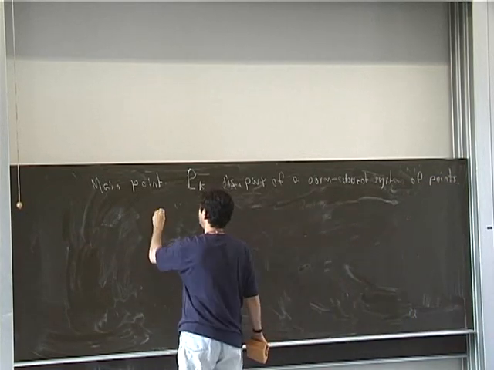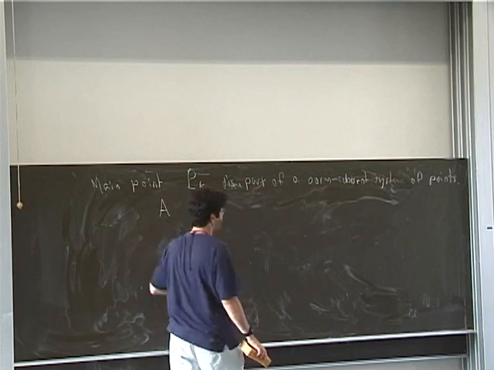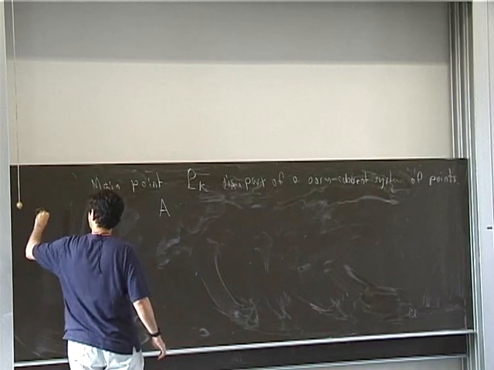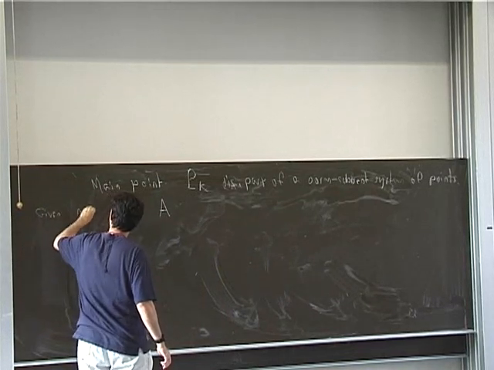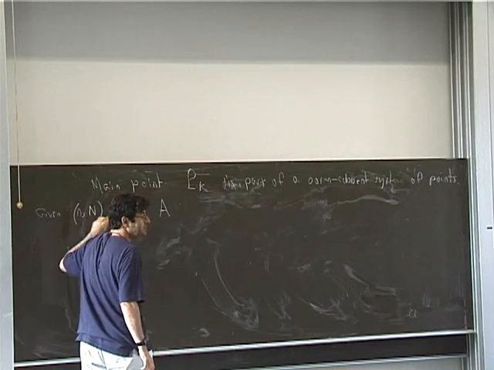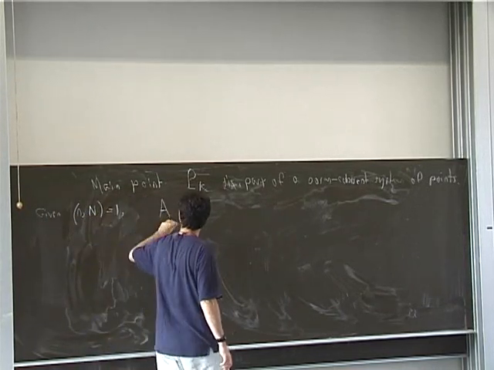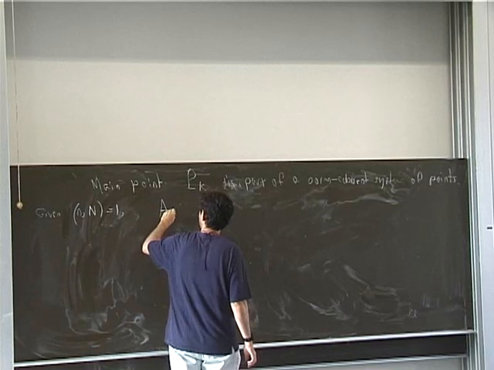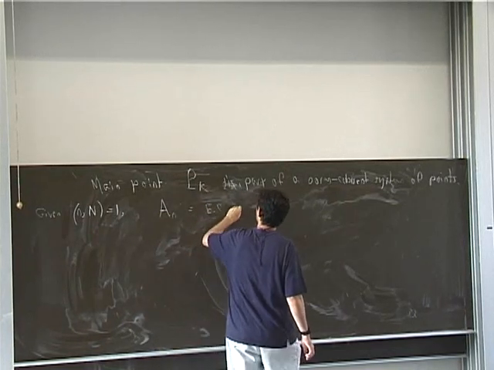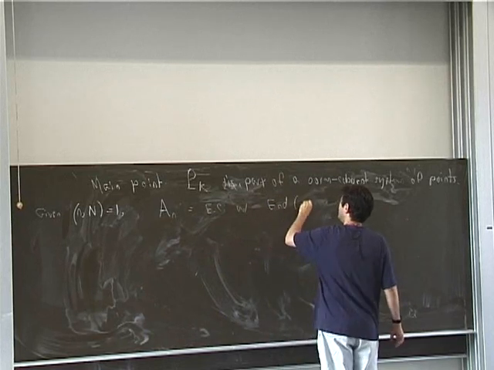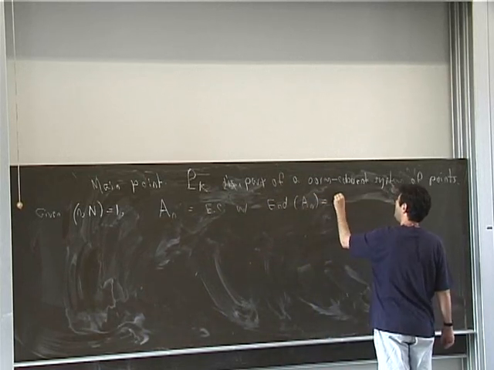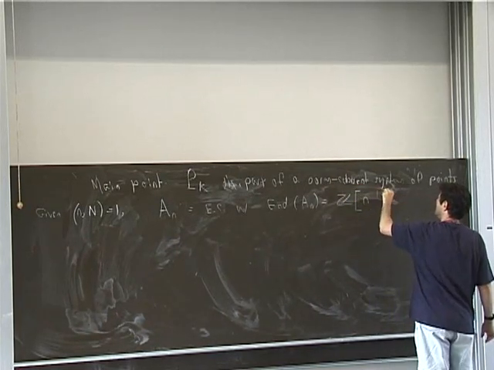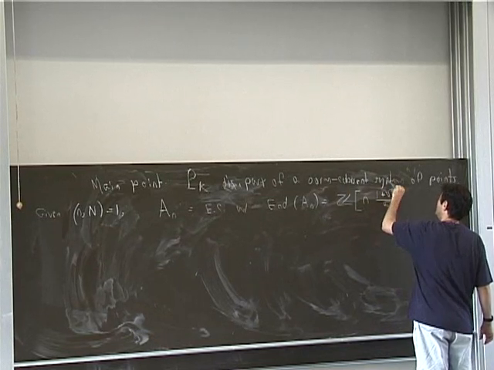So what do I mean by that? Well, instead of taking an elliptic curve with endomorphism by the maximal order of K, given any integer little n, which for simplicity I'm going to assume is prime to the conductor, capital N, I can consider an elliptic curve having endomorphism, so let A_n be an elliptic curve with endomorphism ring End(A_n) equal to an order of conductor n, which I can write as Z adjoin n times (1 plus root D)/2.